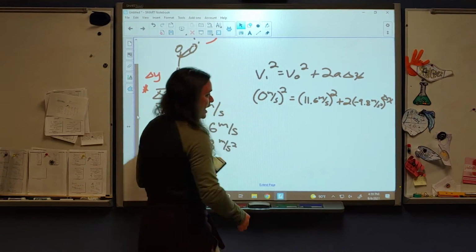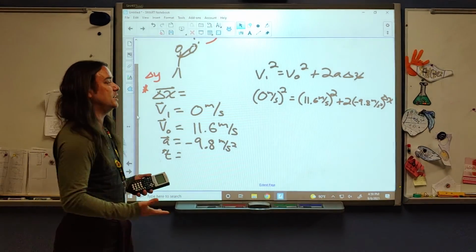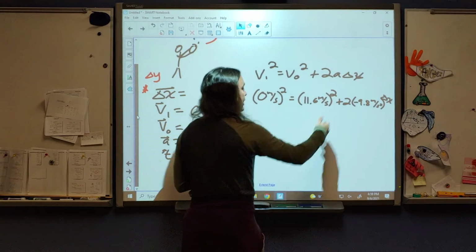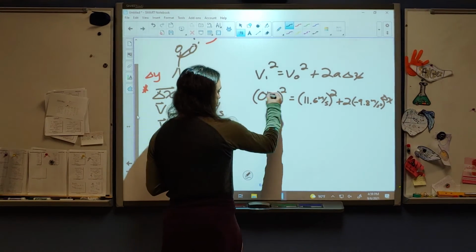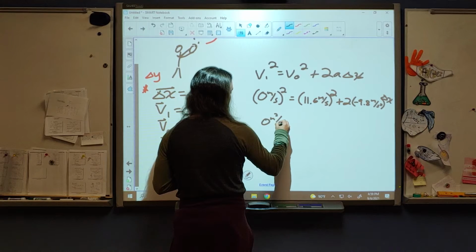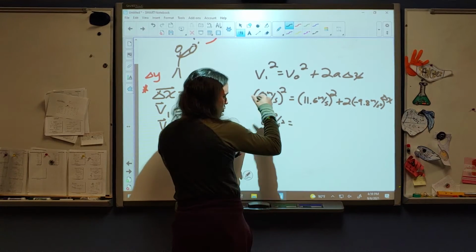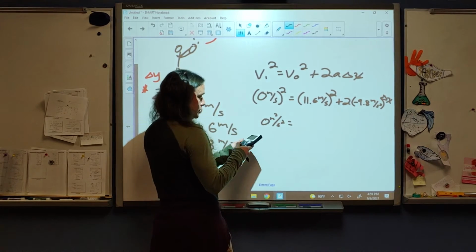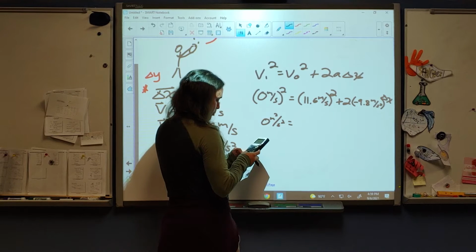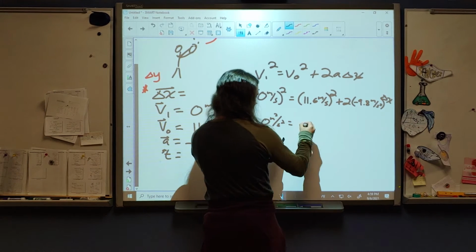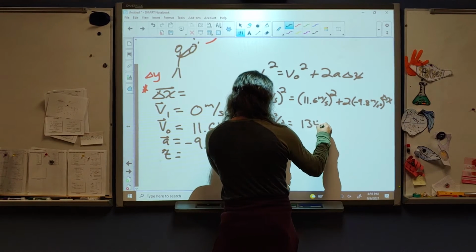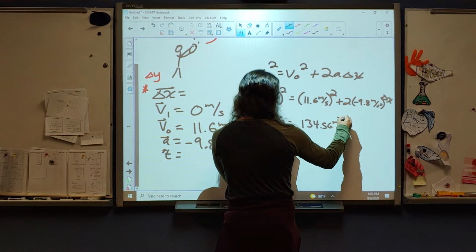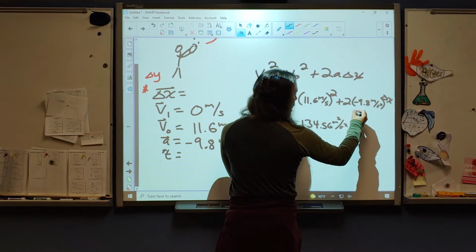Now we don't know delta x, so we don't have a number to put in there, but that's actually what we're solving for. It's our one unknown. So I'm going to multiply these out. We've got 0 meters squared per second squared, and our units also get squared. We get 11.6 quantity squared, so that would be 134.56 meters squared per second squared.